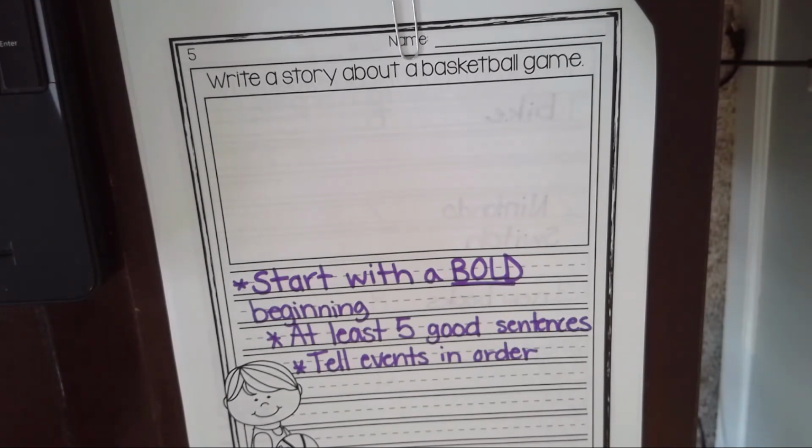Make sure you tell me that you were at the basketball game and then you went to get popcorn and then you cheered on the team and then maybe you tell me that you went home. But at least 5 good sentences, and make sure our sentences are 6 to 7 words long. No easy peasy kindergarten sentences here, okay?